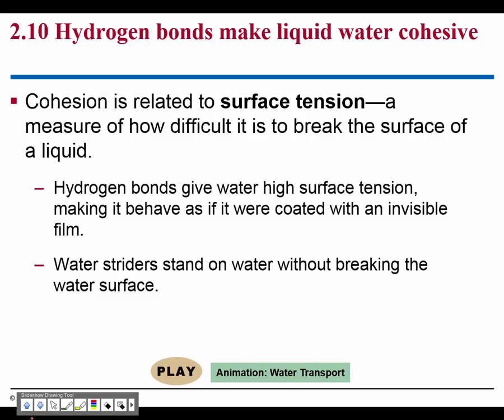And the cohesion is related to surface tension. So how hard is it to break those molecules apart? When we talk about water boiling, how much energy do we have to put into that pot of water before the surface tension is broken?